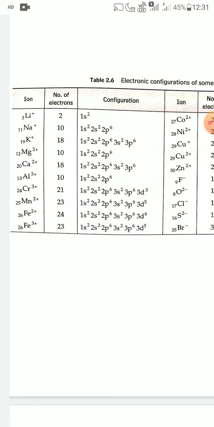Similarly, the electronic configuration of Fe2 plus is 1s2 2s2 2p6 3s2 3p6 3d6, but the actual electronic configuration of Fe is 1s2 2s2 2p6 3s2 3p6 4s2 3d6. Fe2 plus is formed by losing 2 electrons from Fe. So Fe contains 26 electrons, but the Fe2 plus ion contains 24 electrons, so you have to subtract 2 electrons from Fe. Okay.